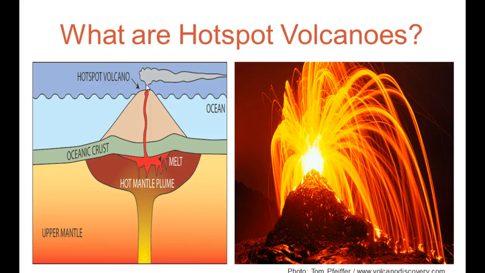A mantle plume may rise at any location in the mantle, and this is why hotspot volcanoes are independent from tectonic plate boundaries. The Hawaiian island chains are an example of a hotspot volcano, and you can see now this on the right-hand slide is an example of a hotspot volcano that occurs in Hawaii. So make sure you get that in your notes as well.